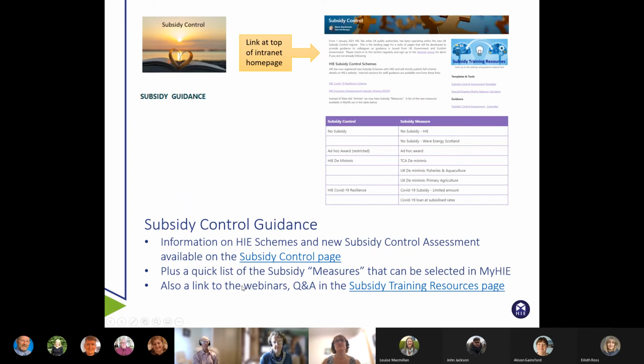The guidance, just as a reminder, from the front page, all the subsidy guidance is available from the top, or the link at the side, and that will take you to the subsidy control page.